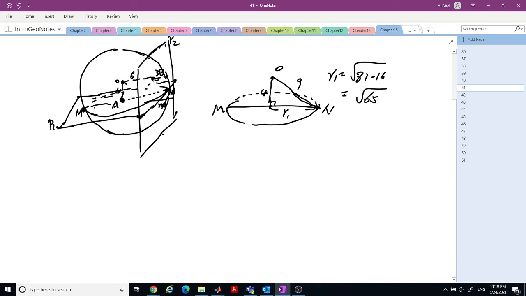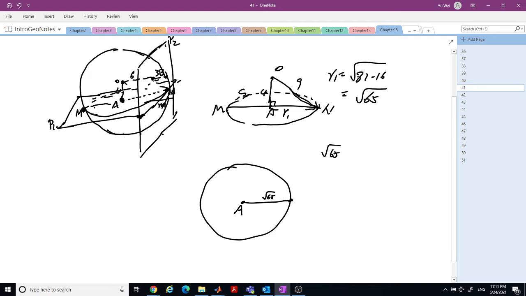Okay, now we know this is R1, this is C1, right? C1 and M are on the same plane, right? Let's draw C1 first. So here is A, and from A to the edge of the circle is root 65.